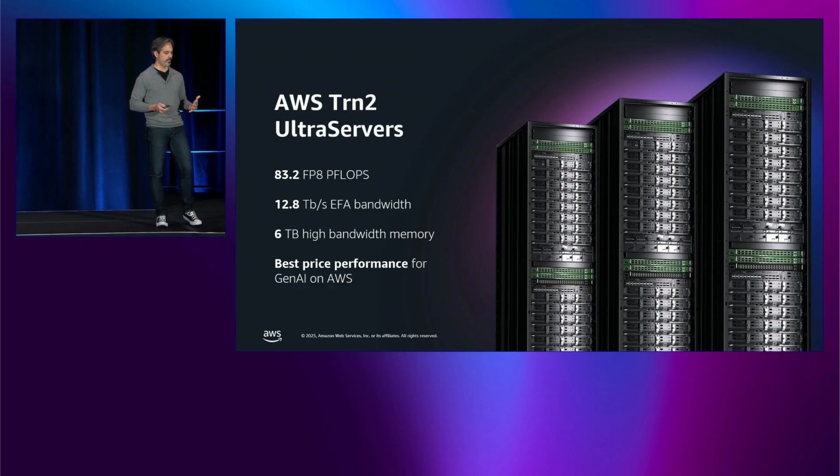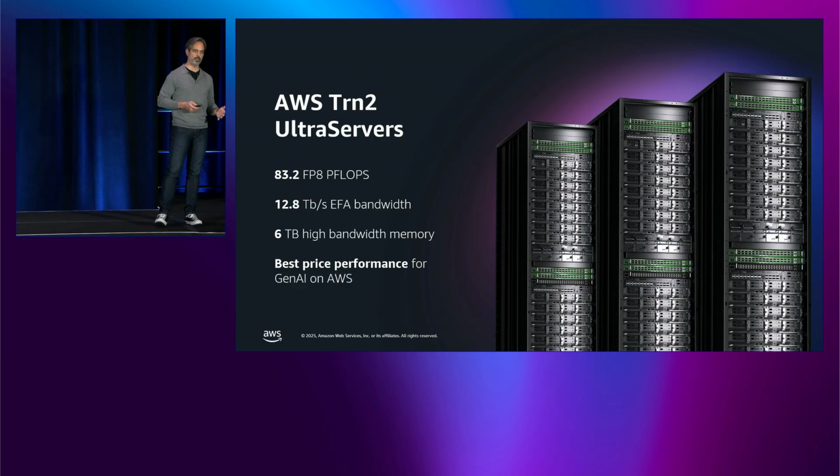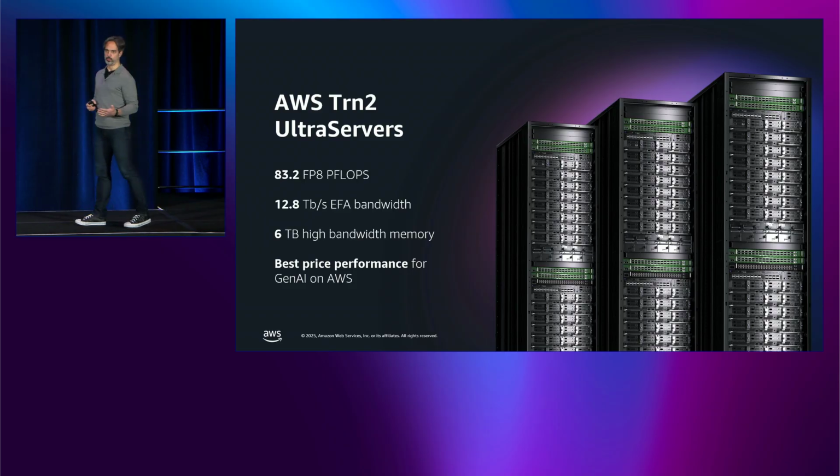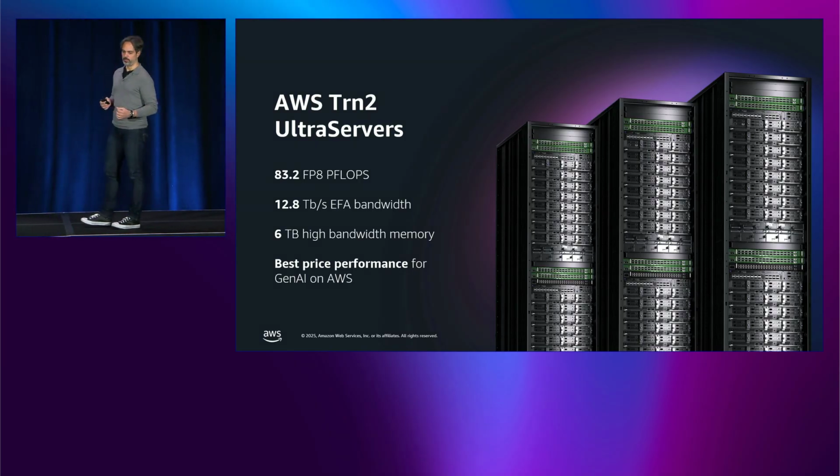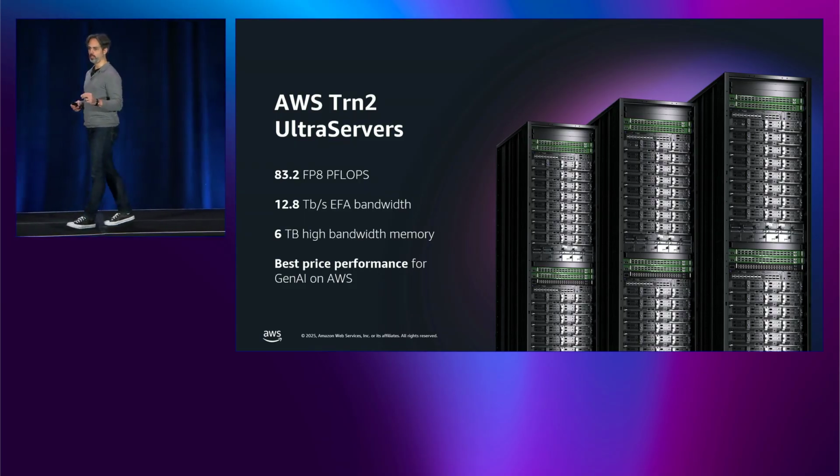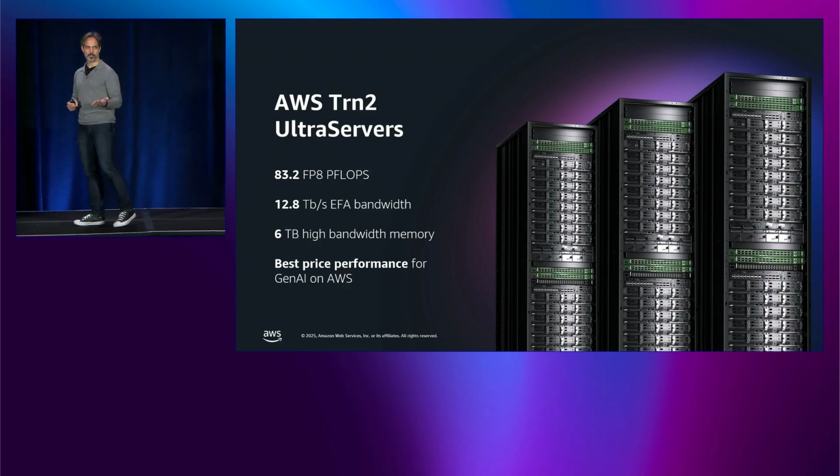And initially, we announced at the last re:Invent UltraServers based on AWS training chips. Those chips were designed and developed by AWS by Annapurna Labs, which is one of the Amazon companies group. That company developed that chip focused initially on training, and that's why it was named Trainium.